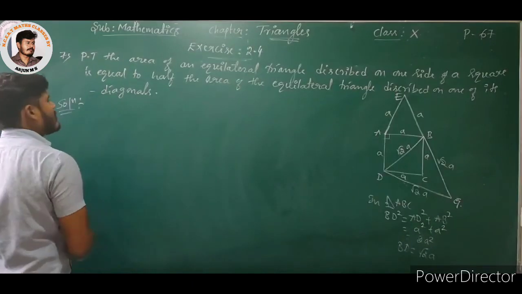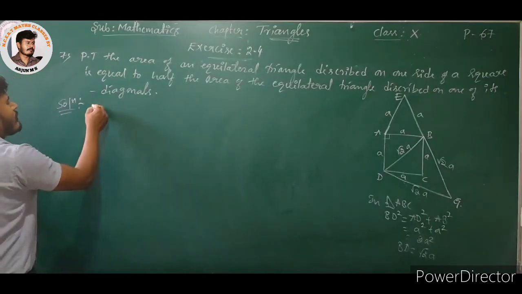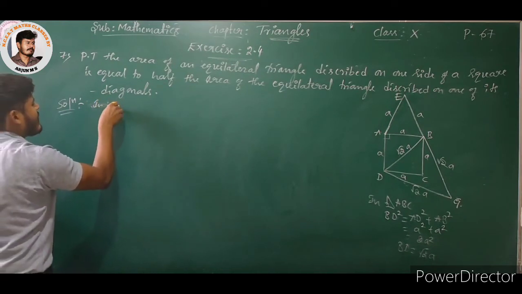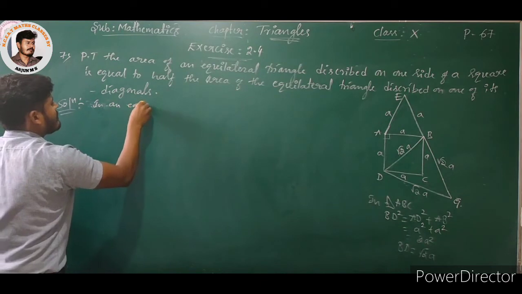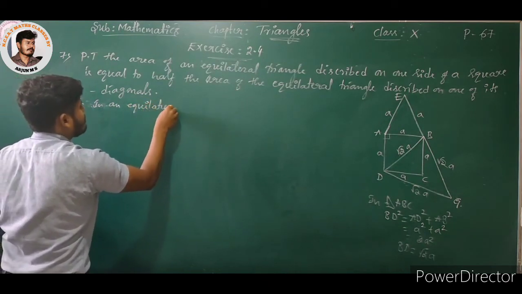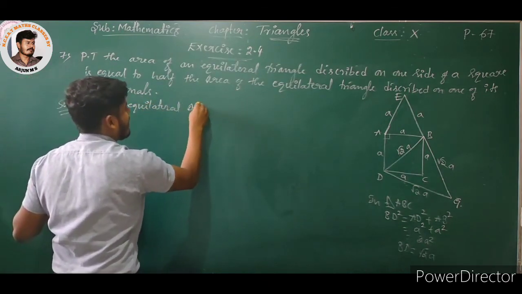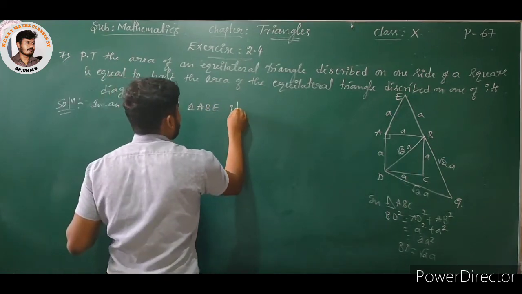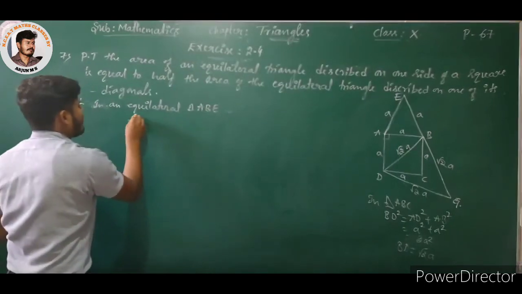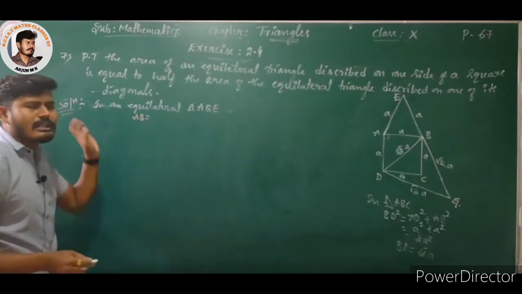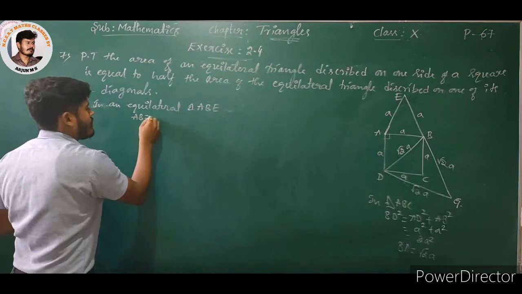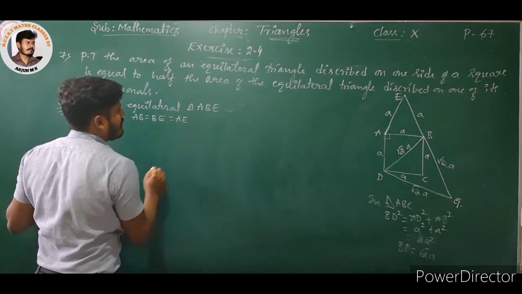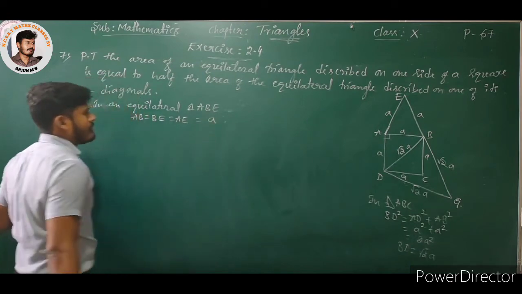So now coming to the solution of this question, consider an equilateral triangle ABE. So we know that equilateral triangle means all the sides are equal. AB is equal to BE is equal to AE, all are equal to A, right?